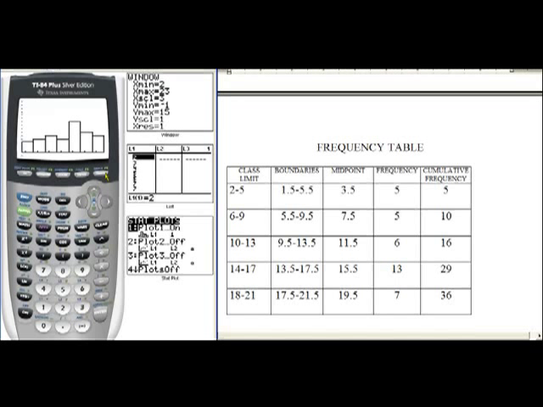You see, this doesn't agree with the frequency table I generated, but you can manipulate it the way that you want, changing the class width. So this concludes the generation of a frequency table and histogram using actual data.